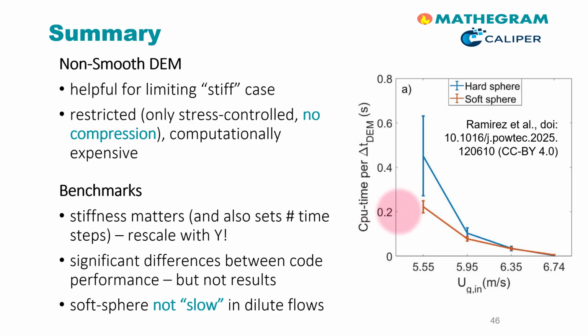These are good news for researchers that have developed soft sphere DEM codes, as the decade-old myth that this approach is slow in dilute flows is often not entirely true.